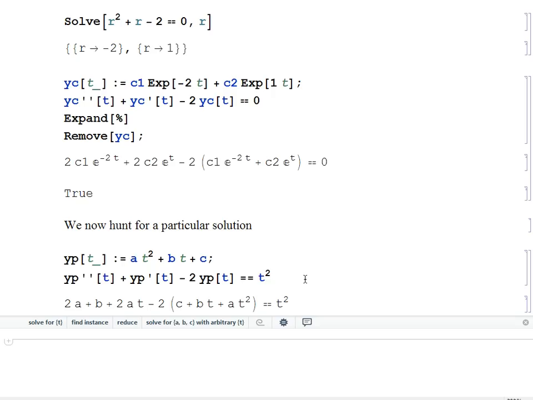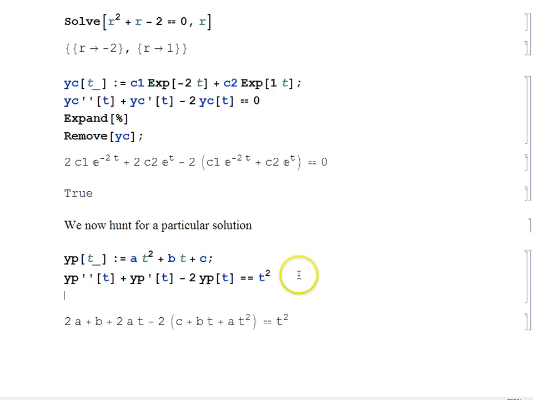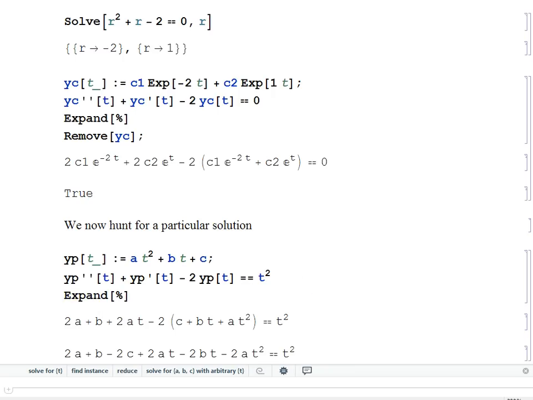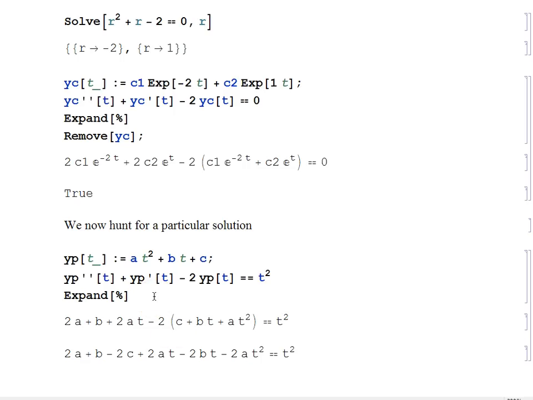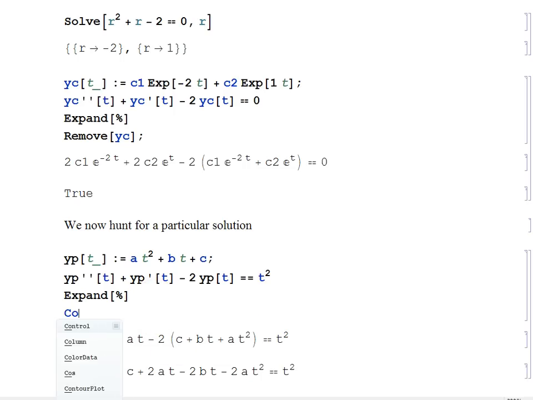Now what we want to do is just go ahead and expand all this out, see if it will simplify it, do something for us. Okay, so everything on this side has to be equal to everything on this side, term by term. So actually, I think what I'm going to do is do this command, collect on t.